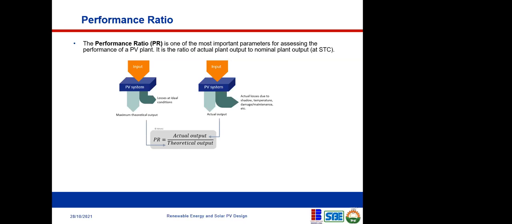So the performance ratio is one of the most important parameters for assessing the performance of a PV plant. It is the ratio of actual plant output to nominal plant output at standard test condition.